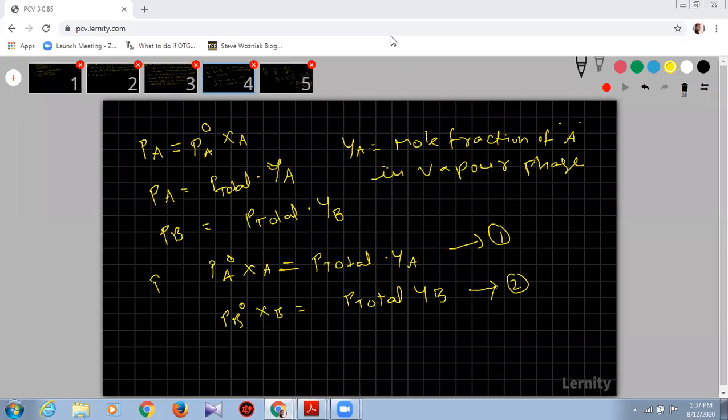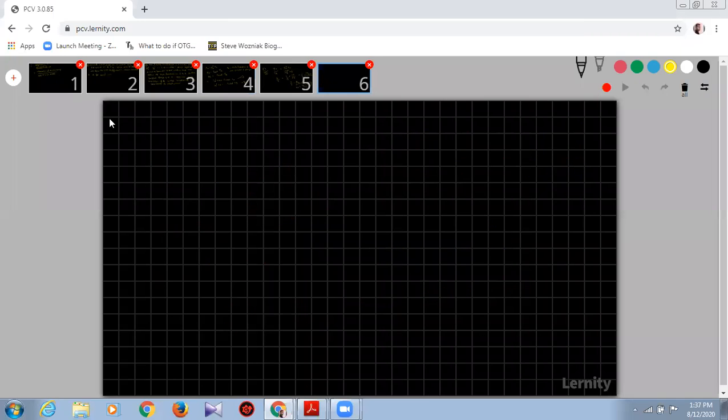Okay? So take the next problem. 5% cane sugar by mass.